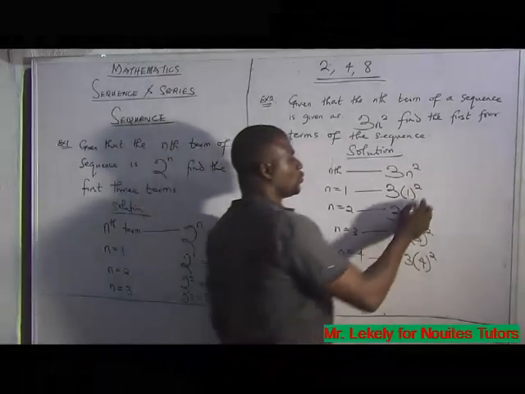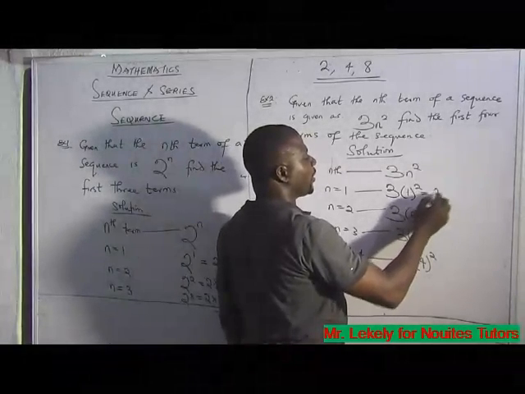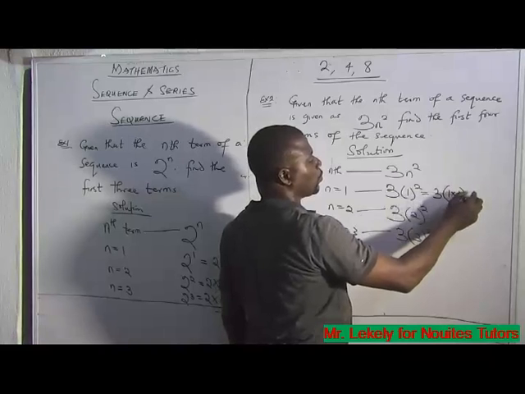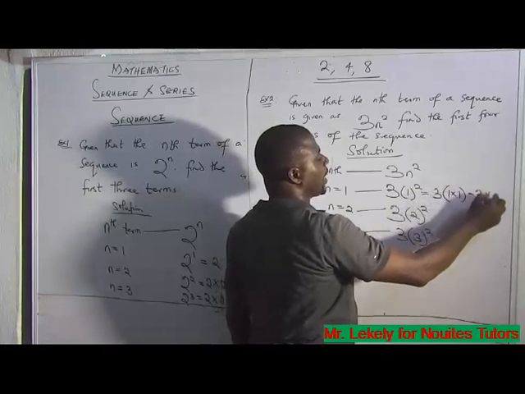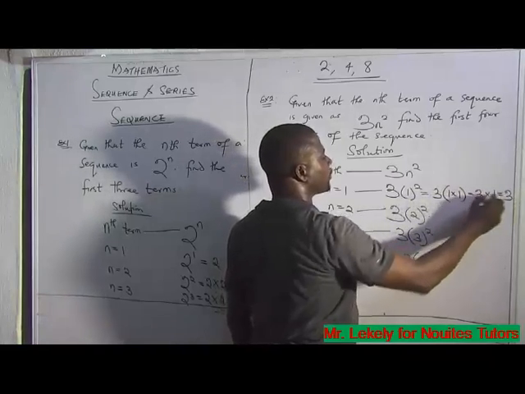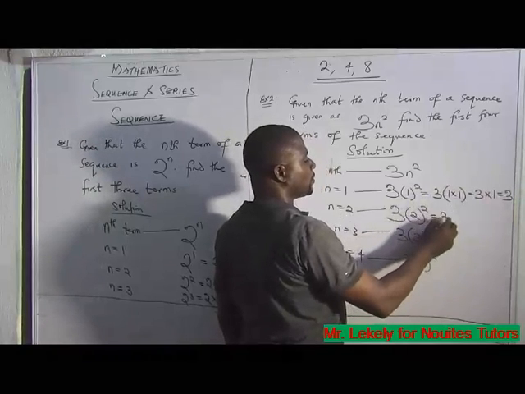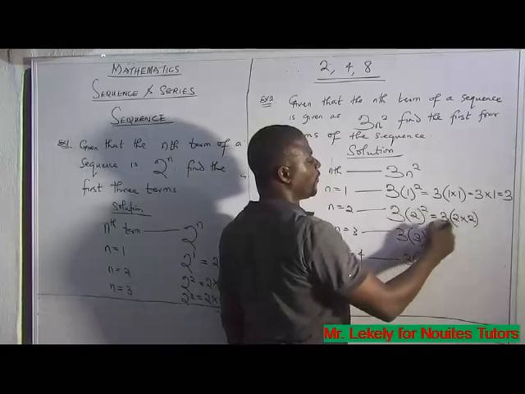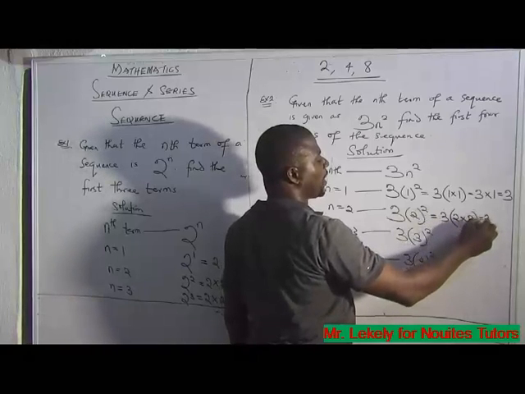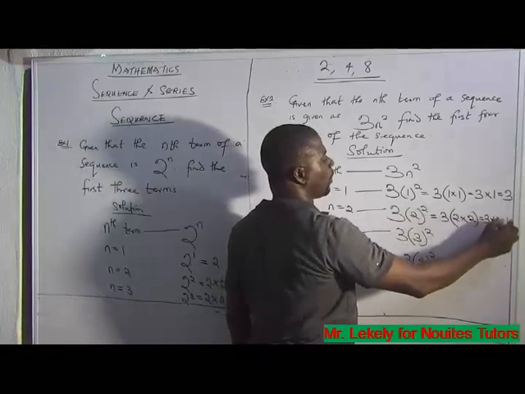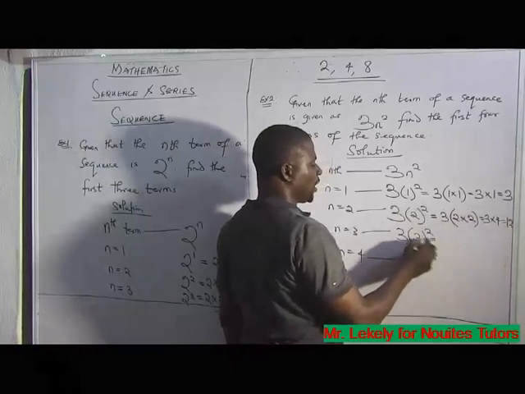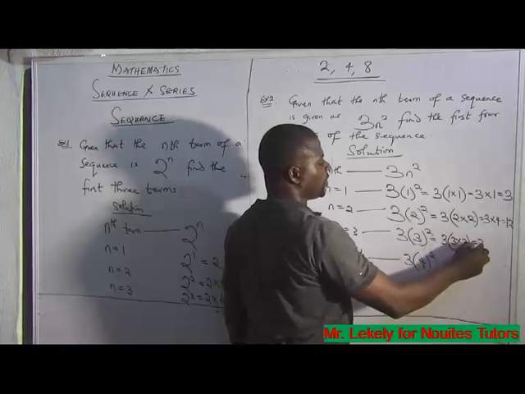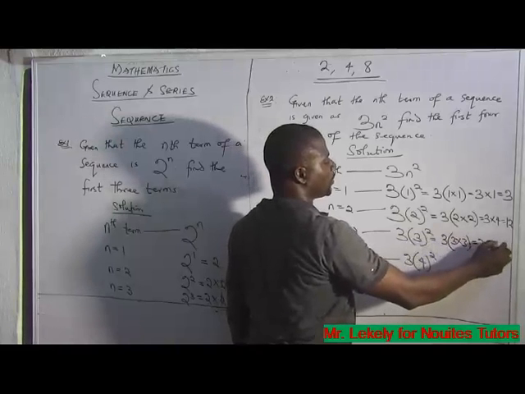So by the time I want to do this, I'm going to have 3 into 1 squared, which means 1 times 1, which is 1, so 3 times 1 is 3. Then 2 squared means 2 times 2, which is 4. So 3 times 4 is 12. 3 squared means 3 times 3, which is 9, so 3 times 9 is 27.